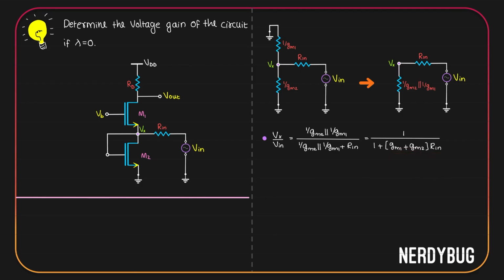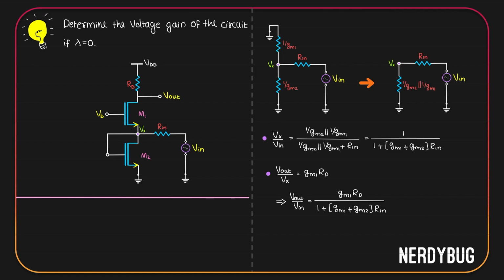So we got Vx in terms of Vin. What we want is Vout divided by Vin, which is easy because we know Vout is going to be Vx multiplied by gmRD. That gives us Vout by Vin is gm1RD divided by 1 plus (gm1+gm2) multiplied by Rin.